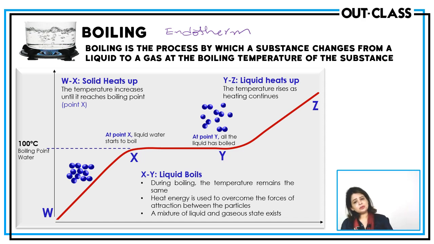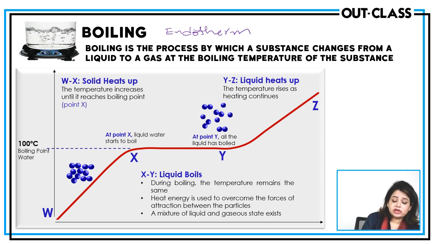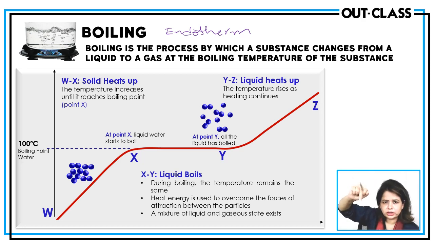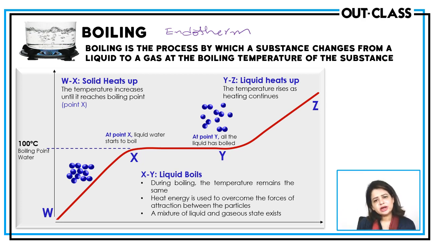So what happens when you heat a liquid? Again, the same thing happens. It's a heating curve. For example, water. You heat up water. Its temperature keeps on rising till it reaches 100 degrees Celsius. Now at 100 degrees Celsius, if you are measuring the temperature of the water, you will see that the temperature stops rising.